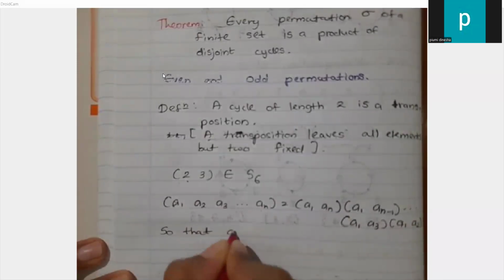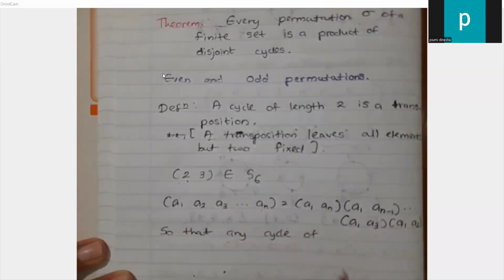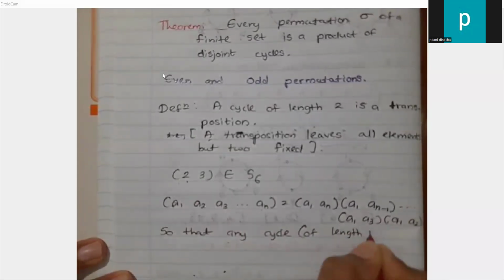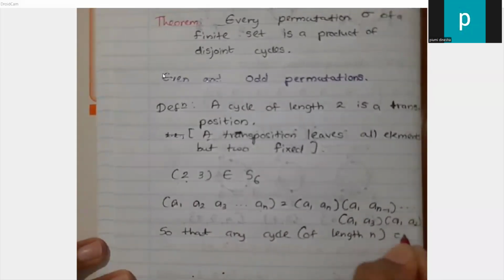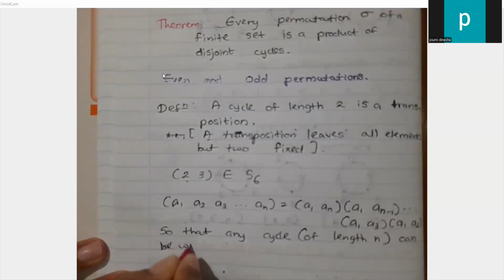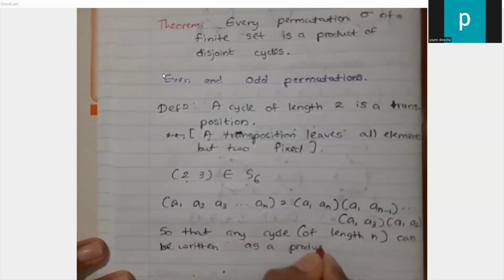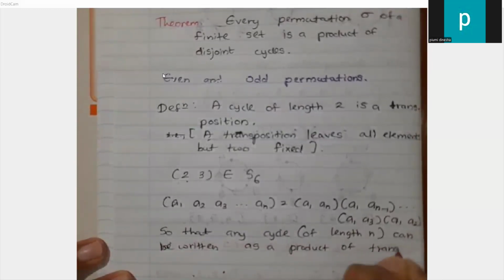So any cycle of length n can be written as a product of transpositions.